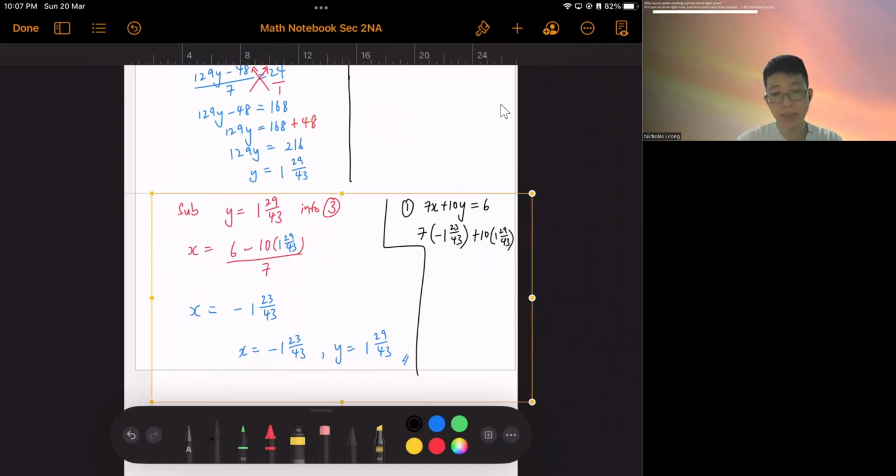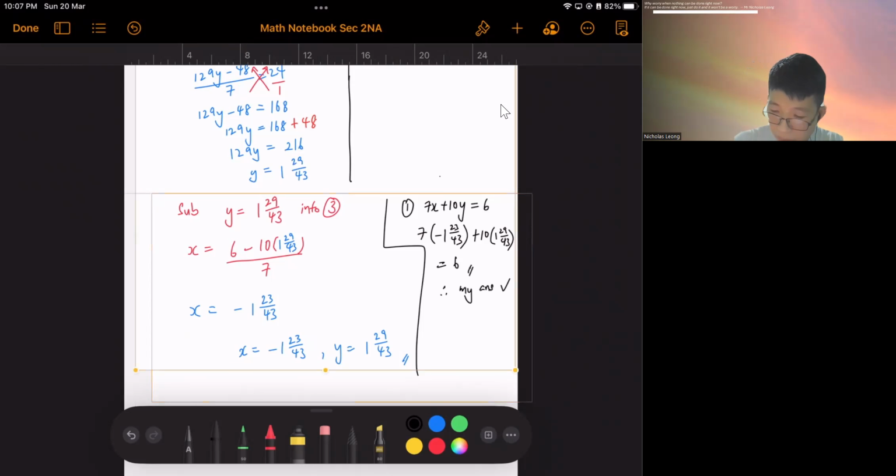So you press into the calculator and see whether you get 6 or not. So 7 times negative 1 whole and 23 over 43 plus 10 multiplied by 1 whole and 29 over 43. Okay, this number gives me 6. So this means that my answer is correct.